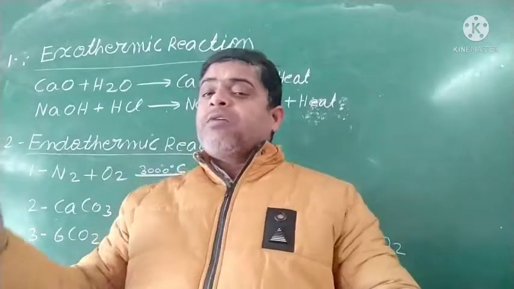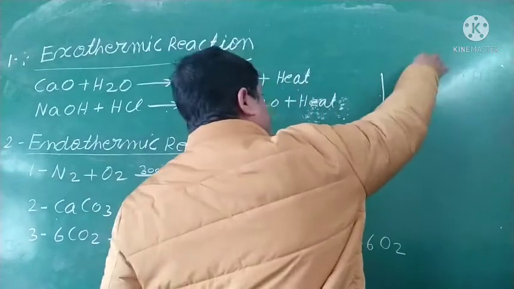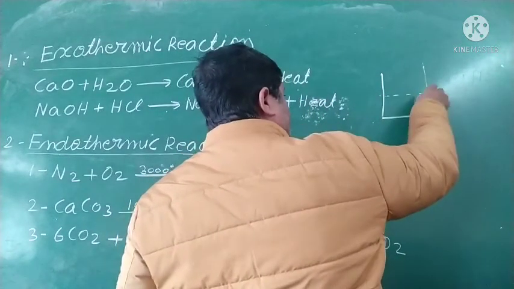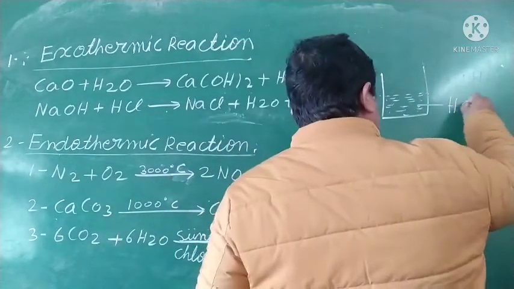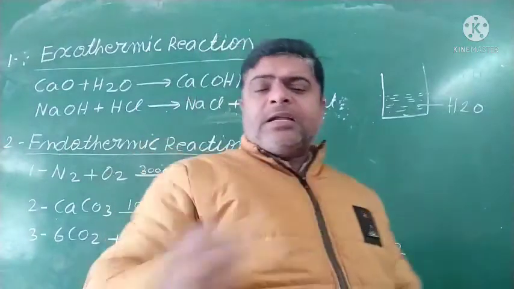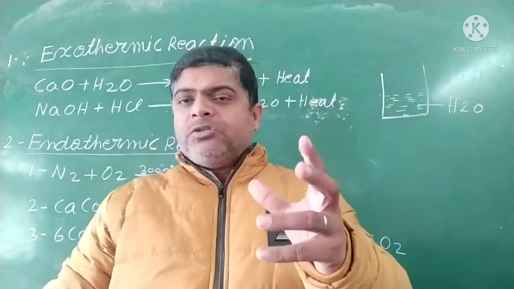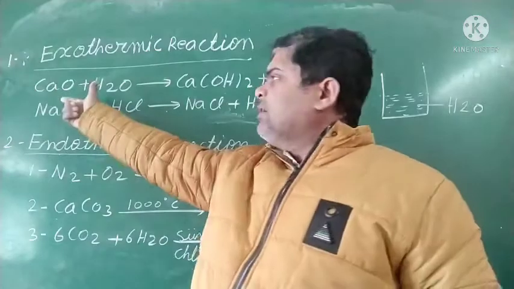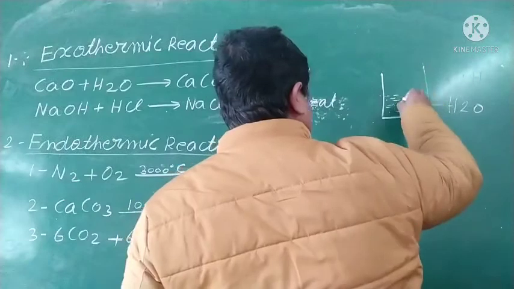Student, first you take one bucket. In the bucket you take some water and add calcium oxide. You know calcium oxide? Lime, stone lime. Have you seen the lime, chuna? The stone lime, calcium oxide, and you put it in the water.